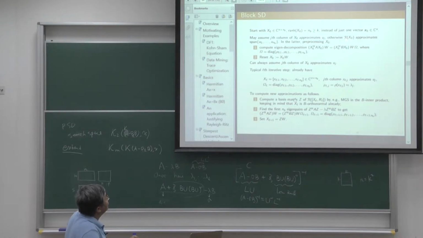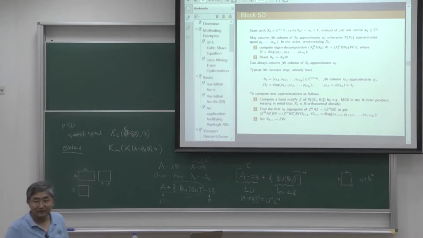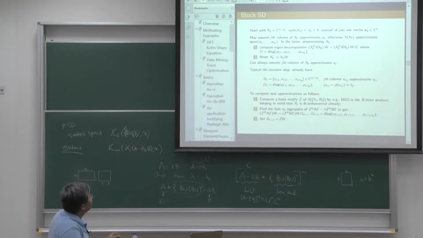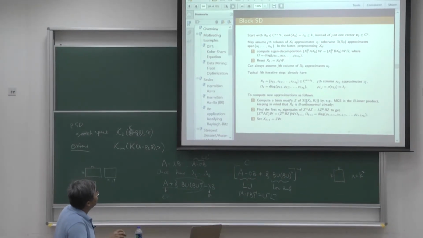At least we can assume the column space of x0 approximates the invariant subspace spanned by the first nb eigenvectors, right? That's reasonable.